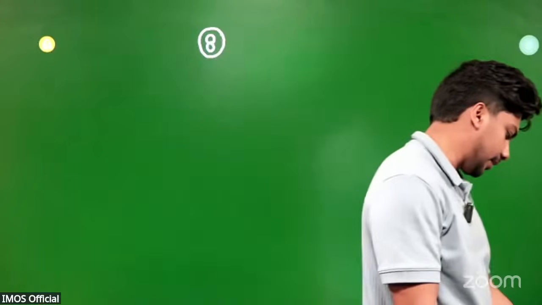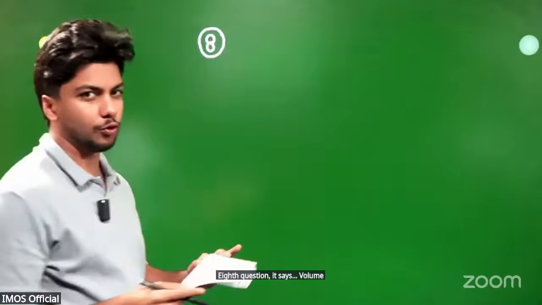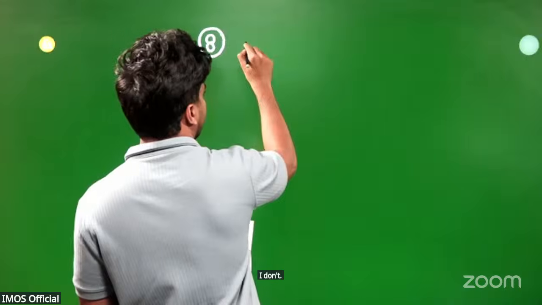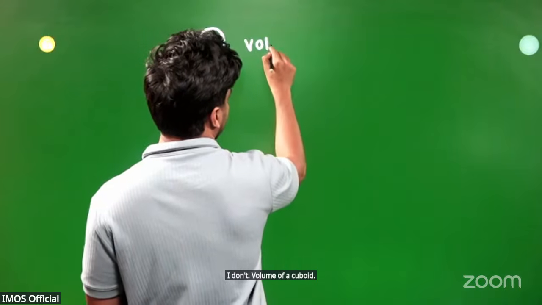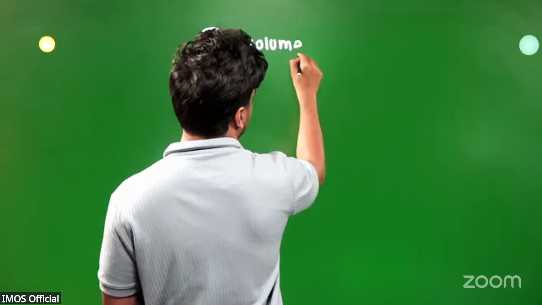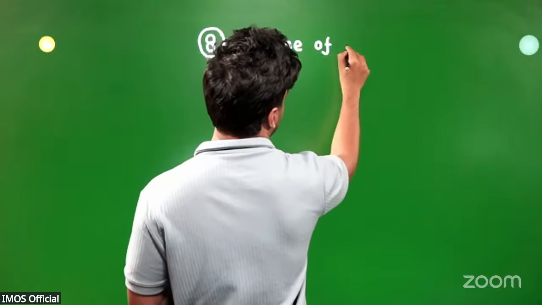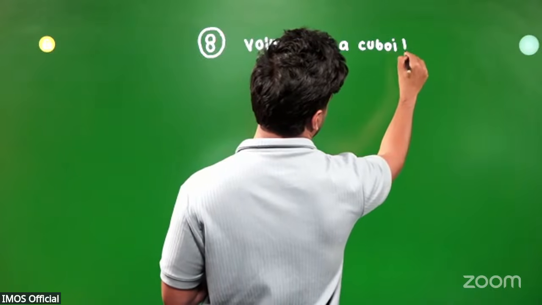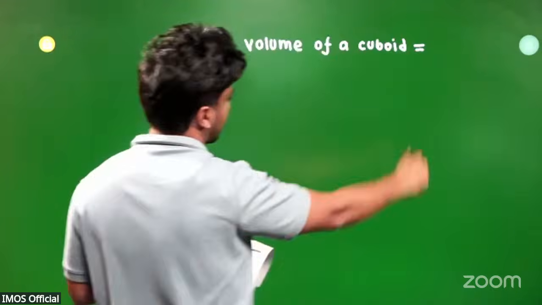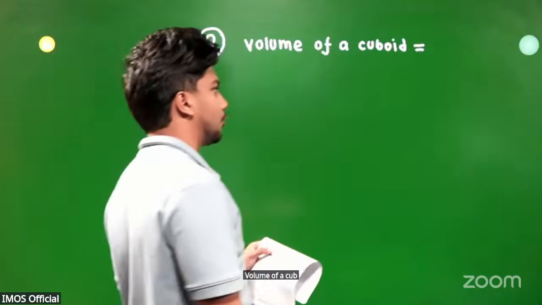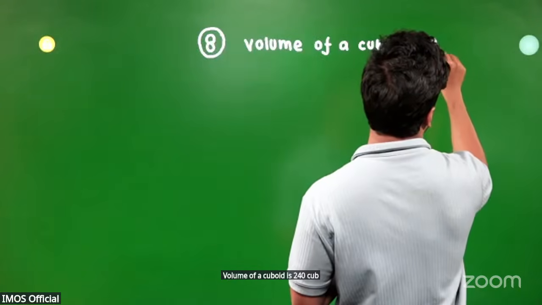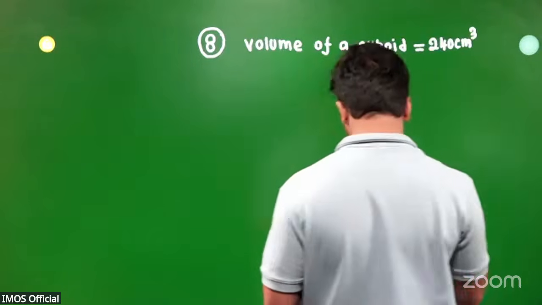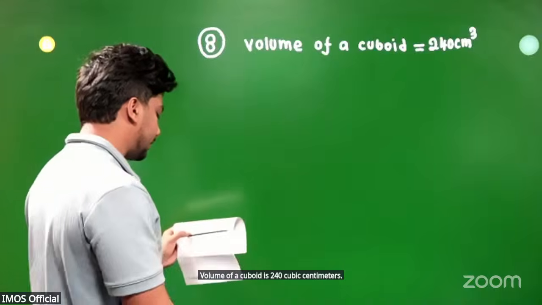Eighth question, it says, volume of a cuboid. Volume has been given, right? Volume of a cuboid is 240 cubic centimeters. Height is 3 centimeters.